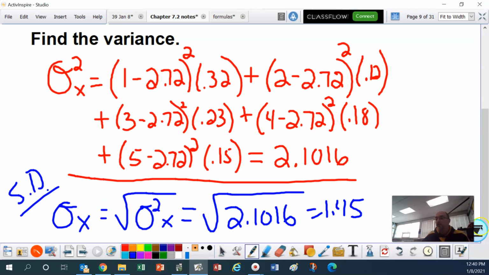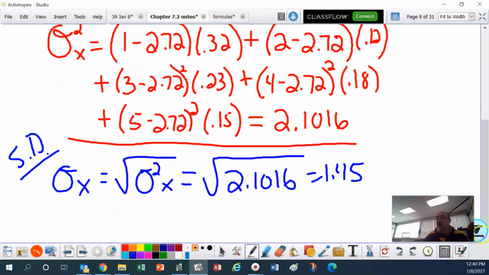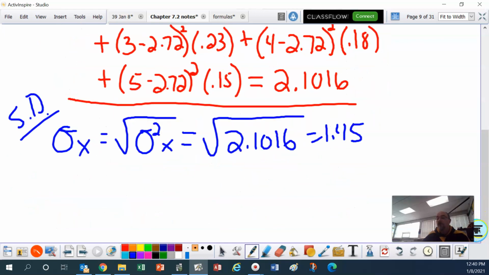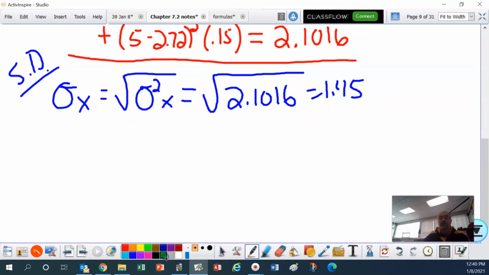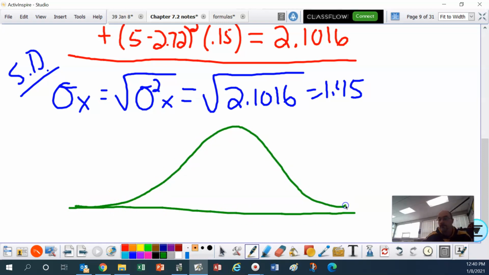Now, let's see if we can remember what this is telling us. So remember our normal curve, ladies and gentlemen. Okay, the average number of items is 2.72, right? Now let's think about this.